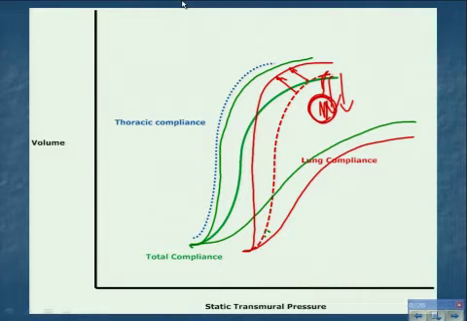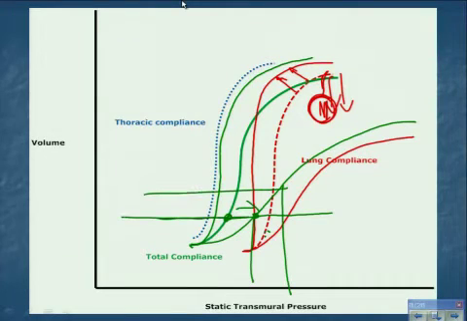But the point is that your start point is still right here, somewhere on the line. If I make this person drop their compliance and make it decrease, then my new set point is going to get, for the same change in pressure, a lower volume.